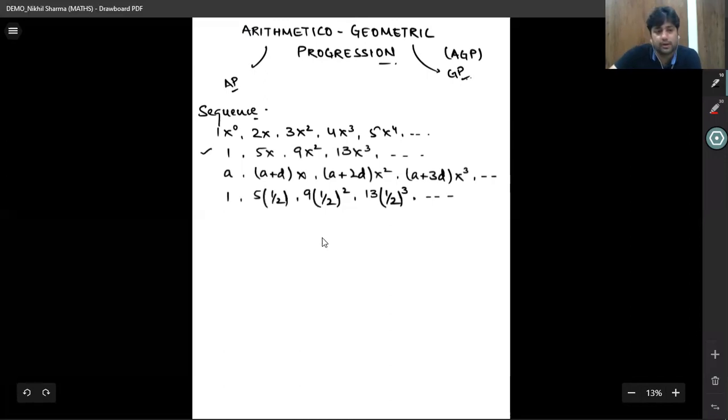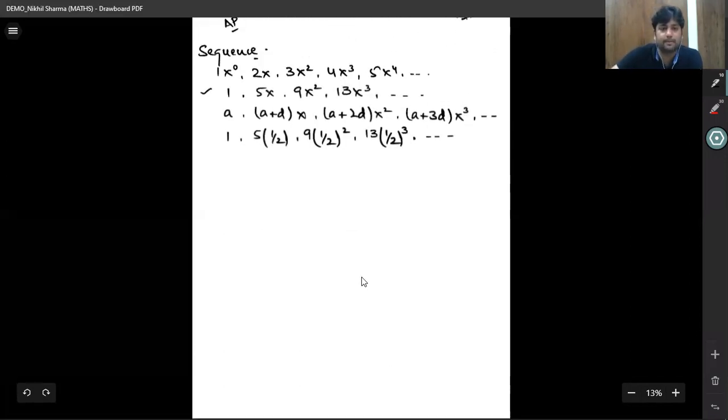Now, moving on to the next thing. The most important thing in all sorts of these sequences, whether it is AGP or the very next topic which we will be studying, is writing the general term for it.